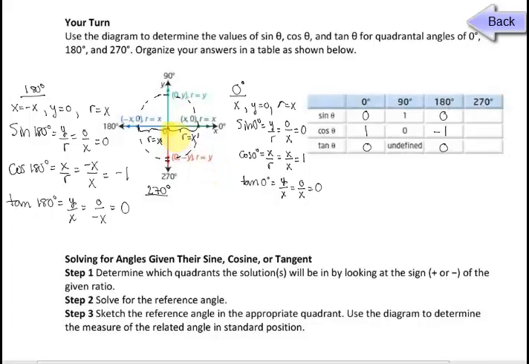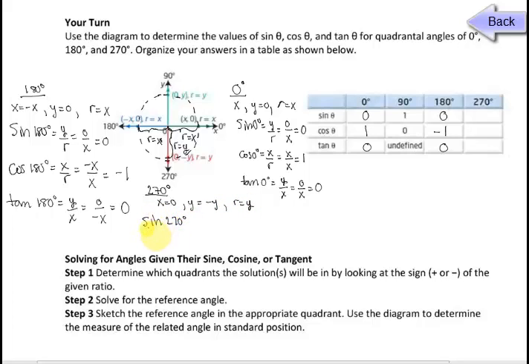And r, once again, from the center of the circle to the point, is going to be the same as y. And just recall again, r is positive, so y will be positive. So at 270 degrees, we know that x is equal to 0, y is equal to negative y, and r is equal to y.